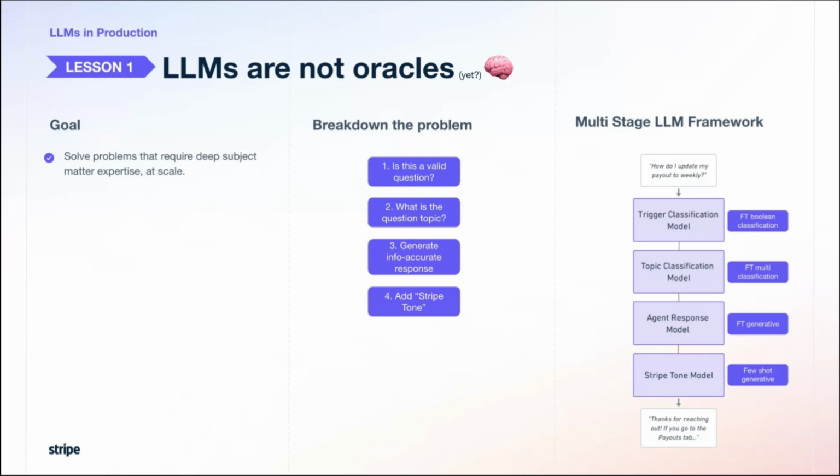Any relevant questions that do pass through go to our fine-tuned topic classifier, which identifies what support material or documentation is relevant to answer the question. Then, using this information as context, our third fine-tuned model generates the information-accurate responses. And finally, our last few-shot model adjusts the answers to meet Stripe tone before being prompted to the agents.